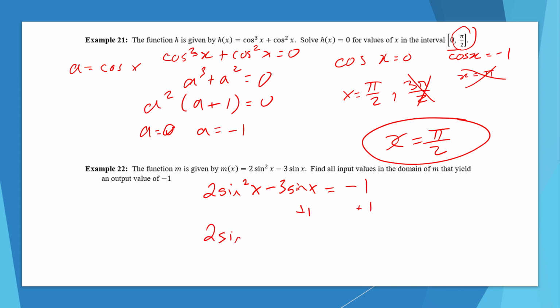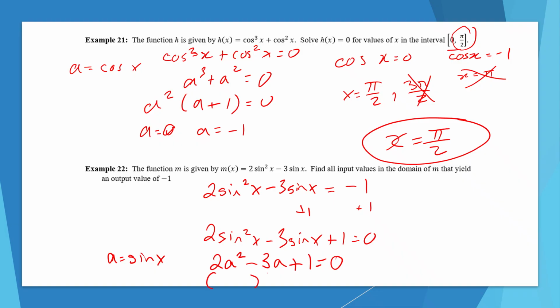So we have 2 sine squared x minus 3 sine x plus 1 equals 0. Now we can factor this and use the a method. So here a is equal to sine of x. We should get then 2a squared minus 3a plus 1 equals 0. This is very tricky for a lot of students to factor, right?